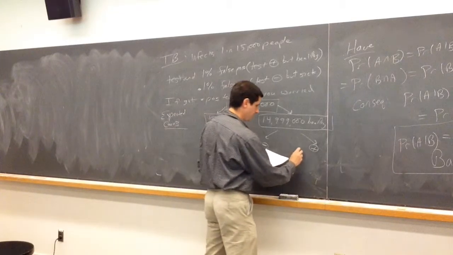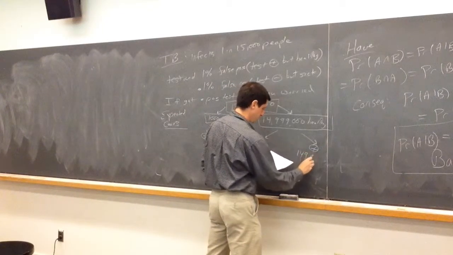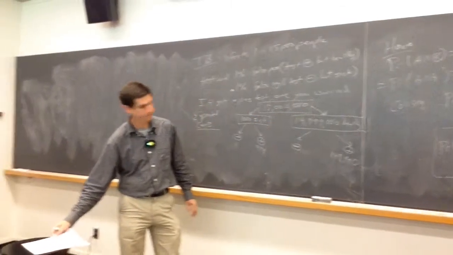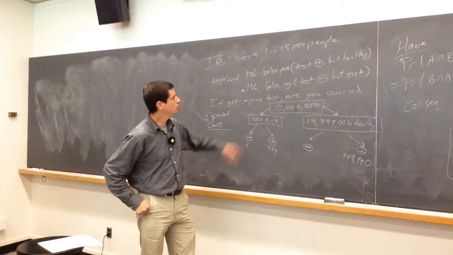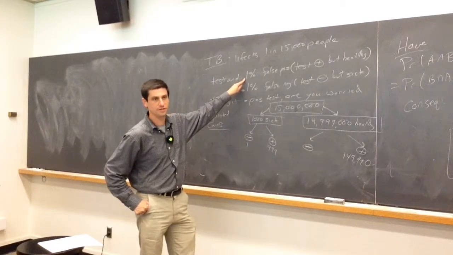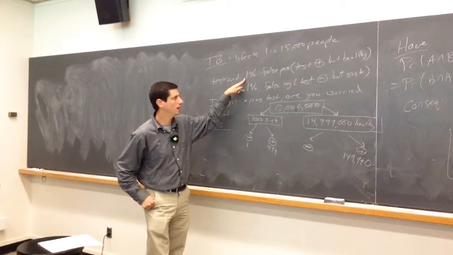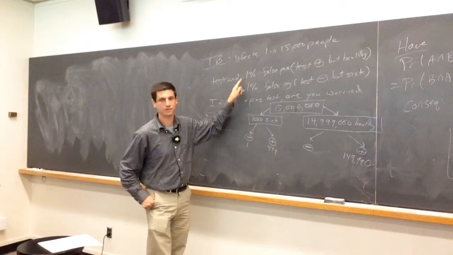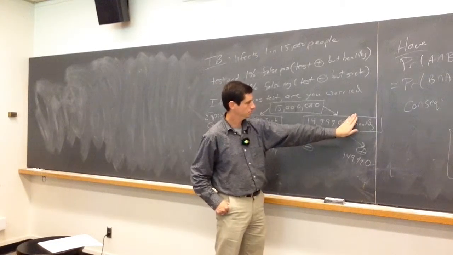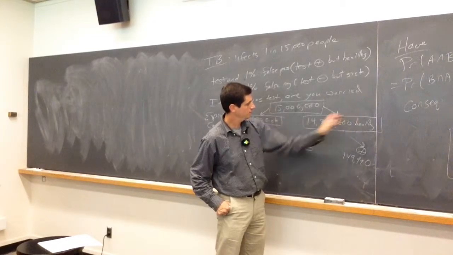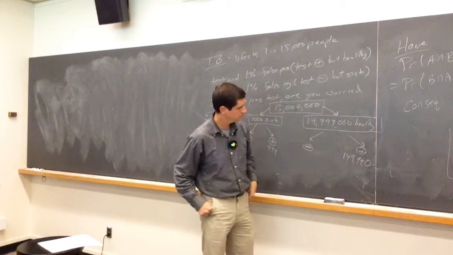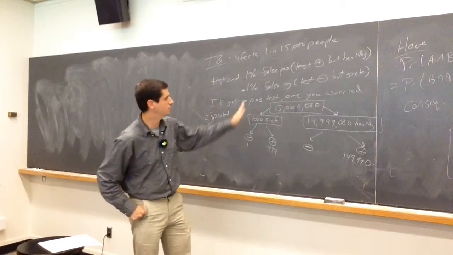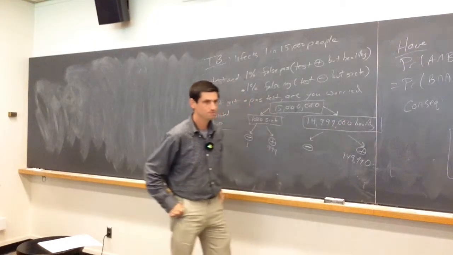All right, so I got 149,990 people will test positive. So we have a 1% false positive. Out of every 100 people who are healthy, one of them will test positive. So I basically just drop a 0. Did I drop a 0? Oh, no, it's 100, so I dropped 2 zeros. Sorry. There you go.